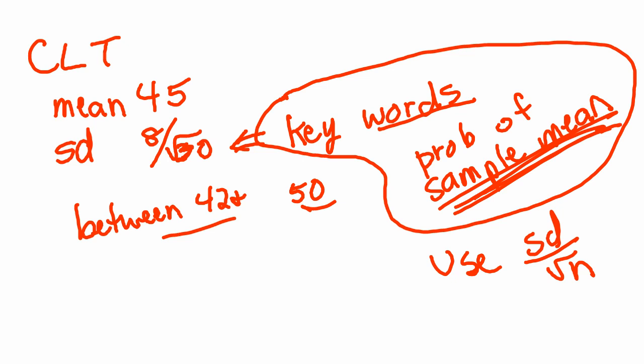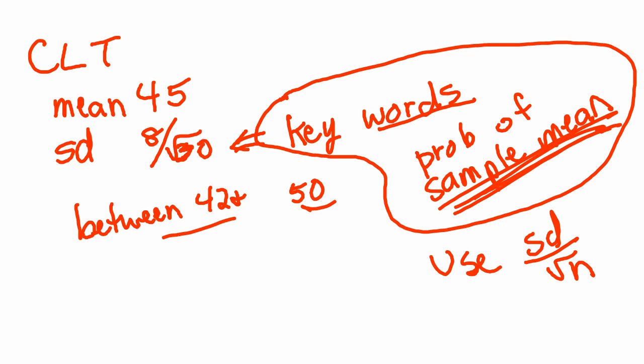See, what's the difference between number 6 and number 7? Number 6 just says, what's the probability of the weekly demand? There's nothing about sample means in that question. But number 7 says, find the probability the sample mean is between 42 and 50. When you're finding the probability of a sample mean, right away you should think central limit theorem. It will say those words.